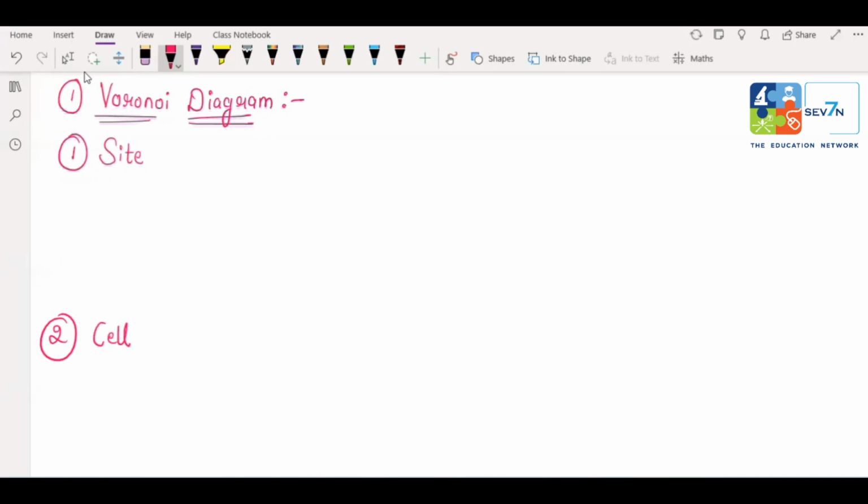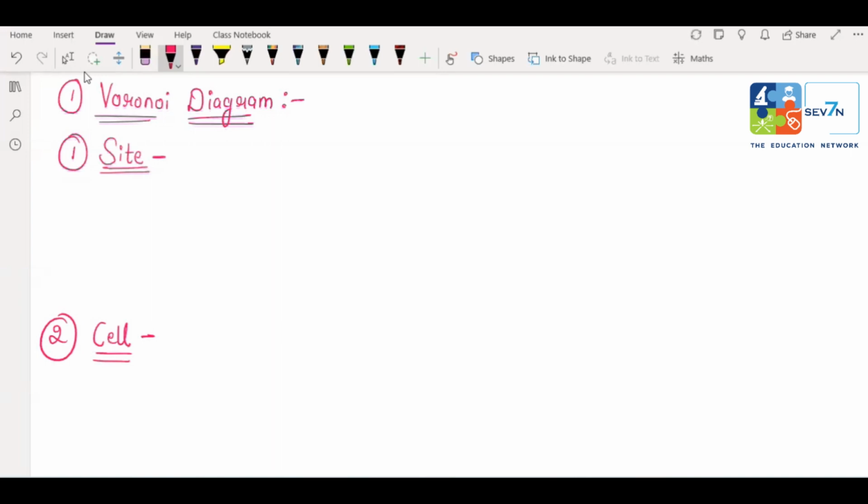So we have 4 important key features in this Voronoi diagram: site, cell, edges, and vertices.